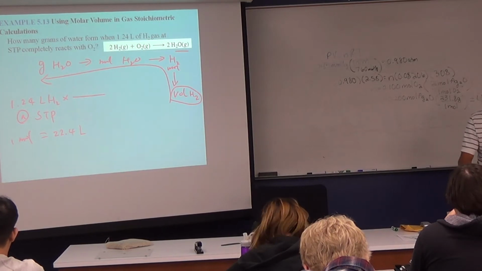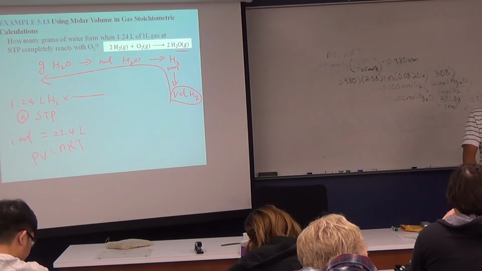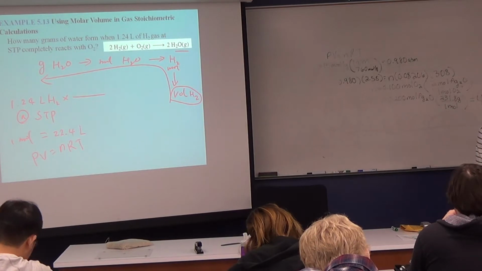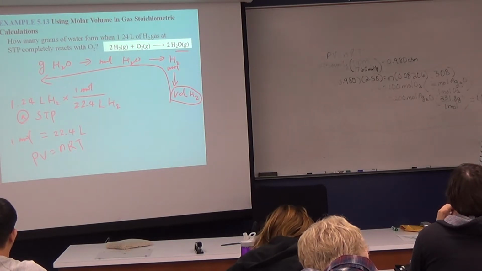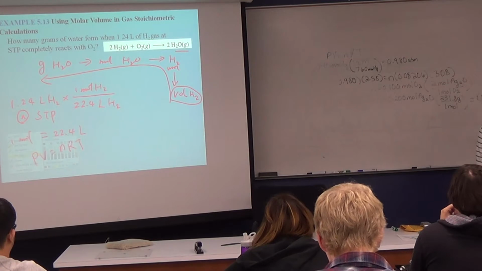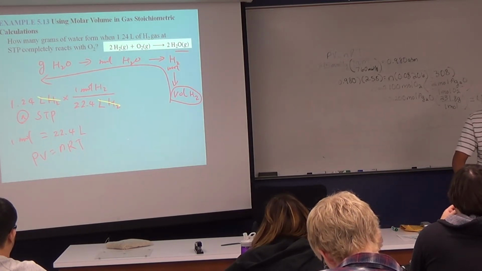Obviously you can also think about PV = nRT, which will give you the same result but more calculations. So you have 22.4 liters of H2 per 1 mole of H2. Understand? Now you will see the liters cancel, so right now we have the moles of H2.